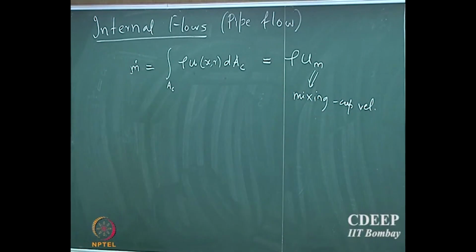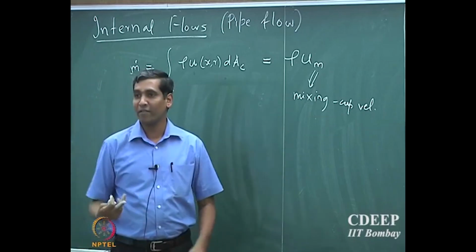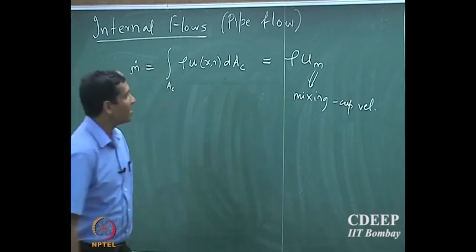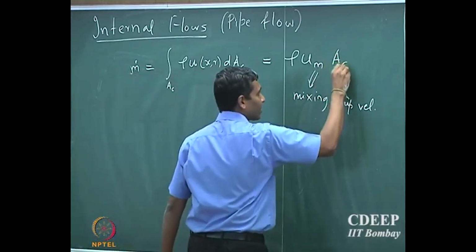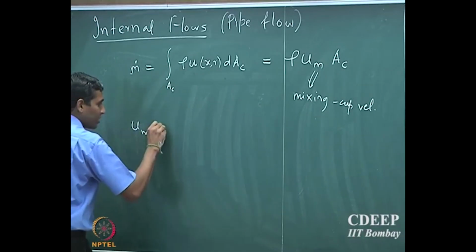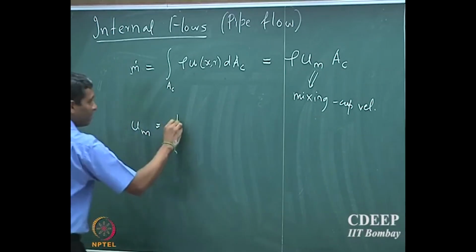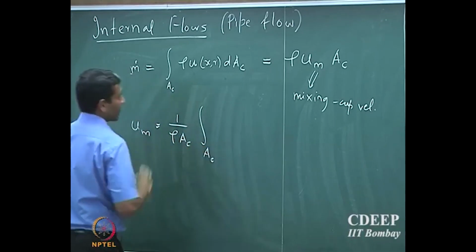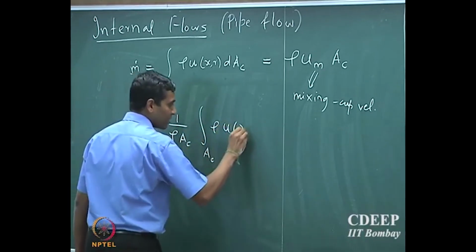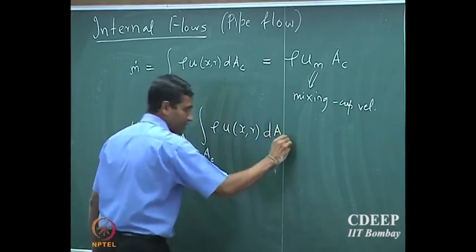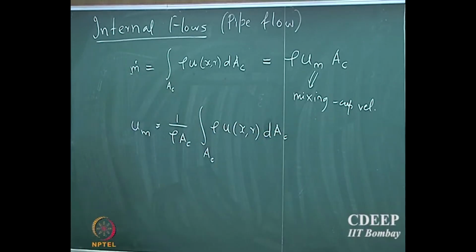Mixing cup is basically the area average or cross sectional average quantity, multiplied by the cross sectional area A_c. So from here we should be able to find out what U_m is. U_m is 1 over rho A_c times the integral over the cross section of rho U dA_c. What is dA_c?